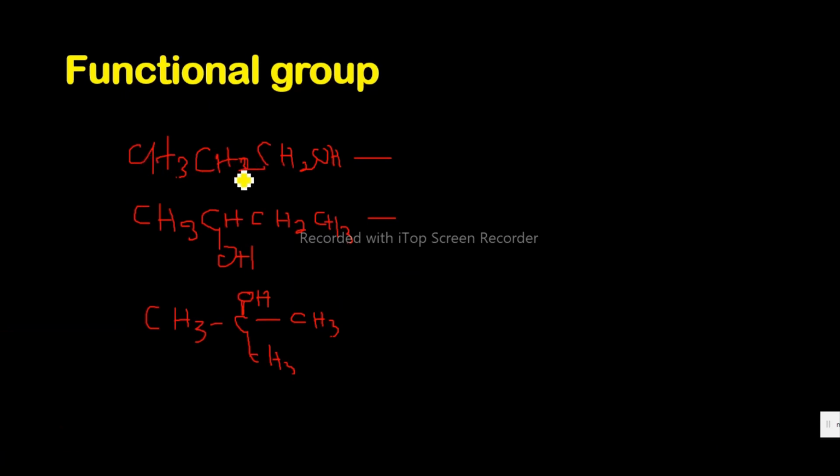Now it is 1, 2, 3. It has a 3 carbon skeleton, the 3 carbon atoms. However, that carbon atom with a functional group, and the functional group is the OH, becomes carbon 1. So this is therefore carbon 1, this is carbon 2, and this is carbon 3.